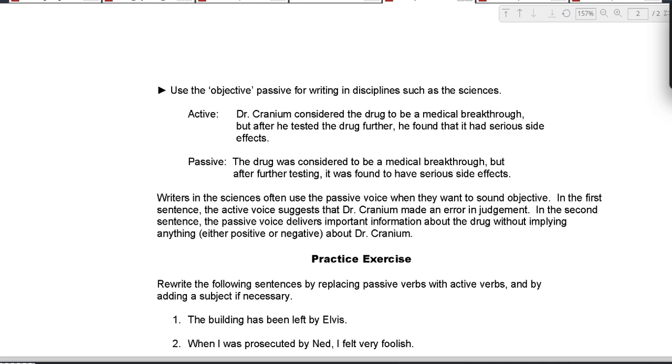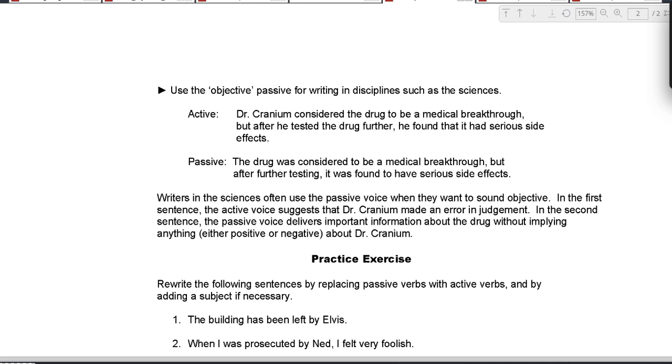So not only in science but in other disciplines also. Writers in the sciences often use the passive voice when they want to sound objective.